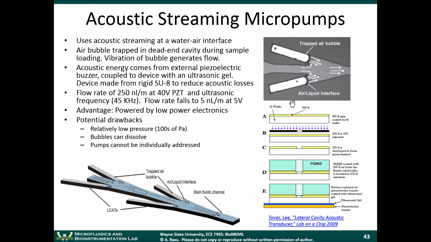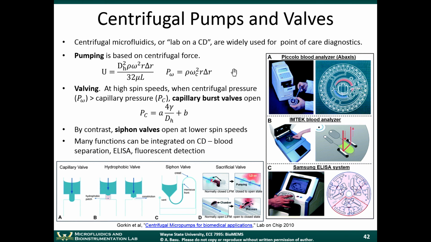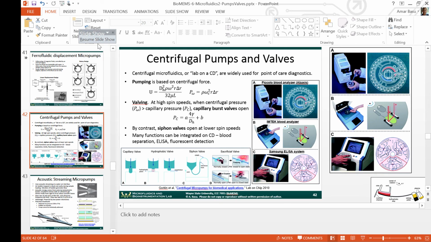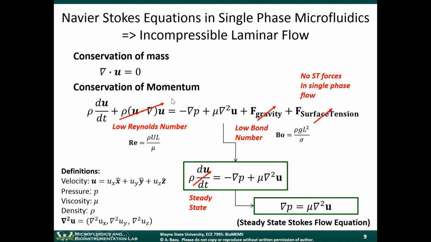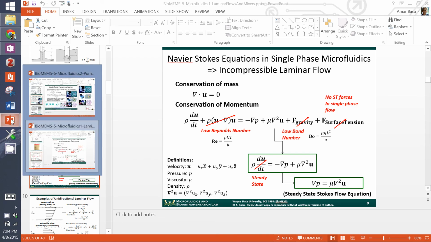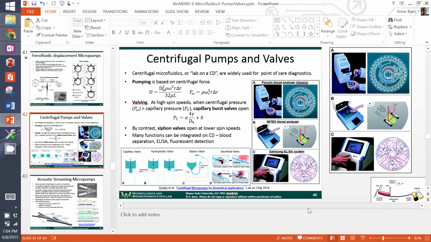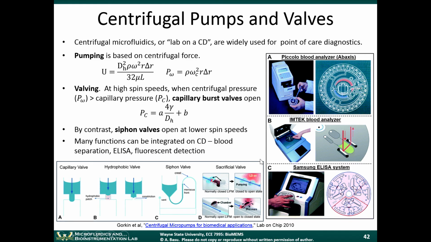Now, even though I only have one slide on this technology in this chapter, I want to point out that it is actually a very popular technology, and a lot of the commercial devices available right now use it, because it's very elegant and very portable. All you really need in order to pump fluids is a CD player.